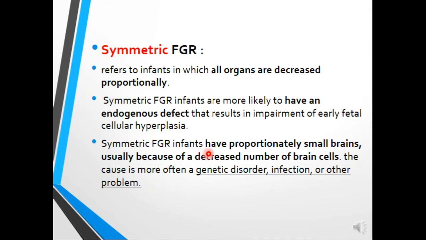Symmetric FGR infants have a proportionally small brain, usually because of a decrease in the number of brain cells, and the cause is more often a genetic disorder, infection, or other problems.